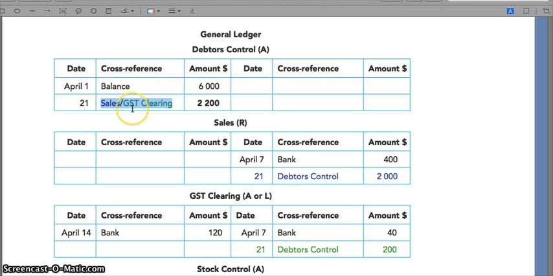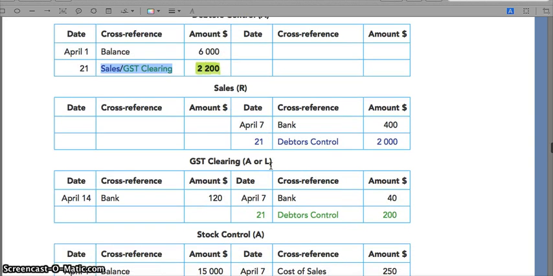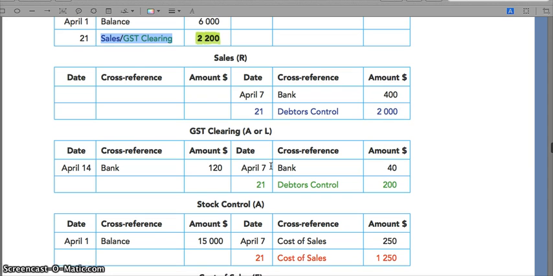Part of this transaction is going to go to sales, and part is going to go to GST clearing, and we can see that down here. So there's the other half of that transaction, and then we've got the GST clearing here as well.